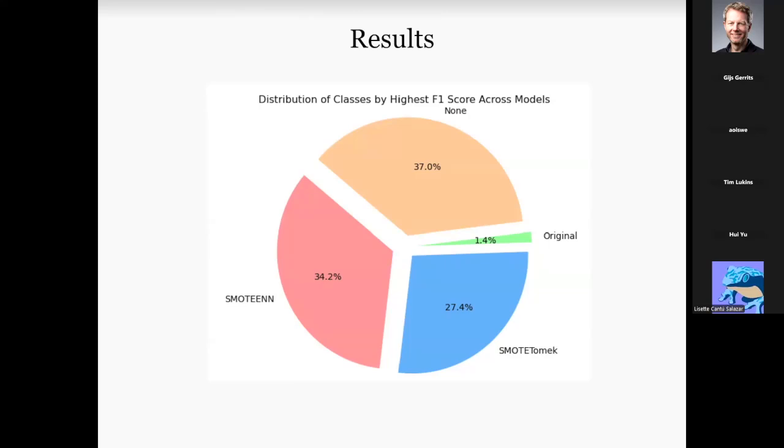That's the reason why this number is a bit high. And for 1.5% of the classes, we received the highest F1 score by the original model. For 27% of the classes, we received the highest F1 score by SMOTETomek. And finally, for 35% of the classes, we received the highest F1 score using SMOTEENN as the imbalance strategy.